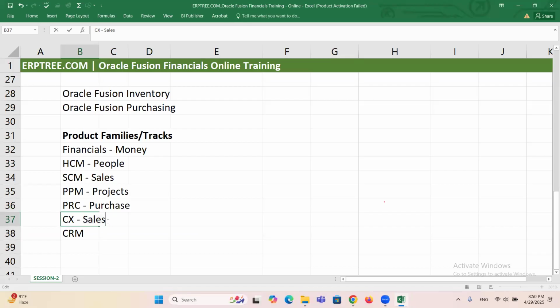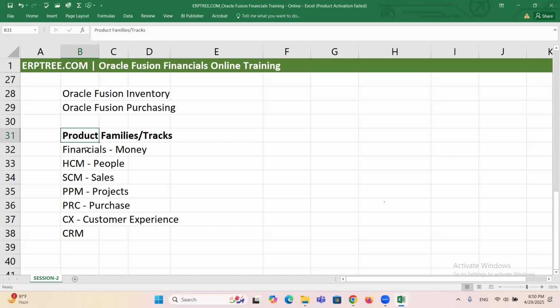You can also call this customer experience. CX, customer experience related applications, are all about dealing with the customer. One section in that is relationship management with those customers, CRM, customer relationship management. That's how we have different product families.